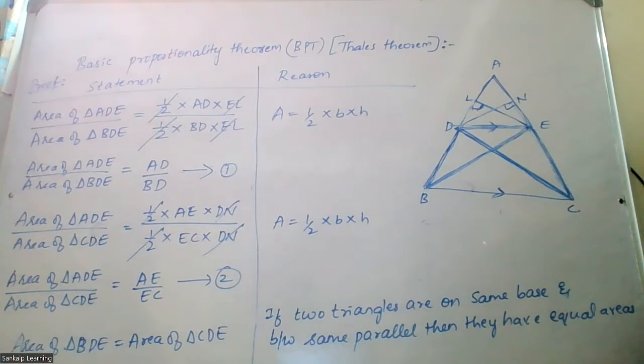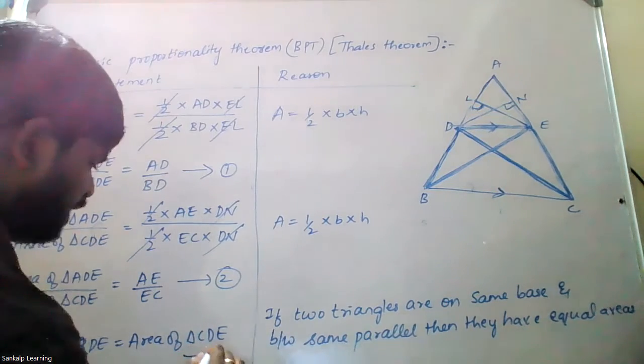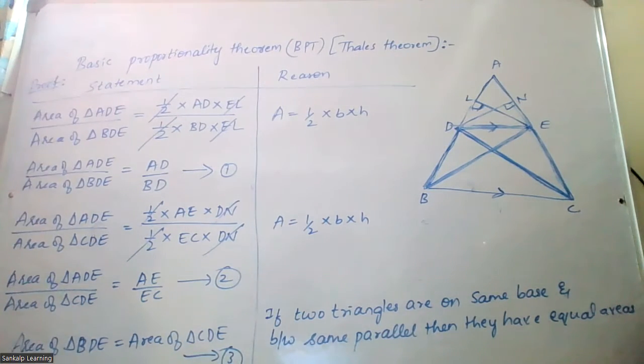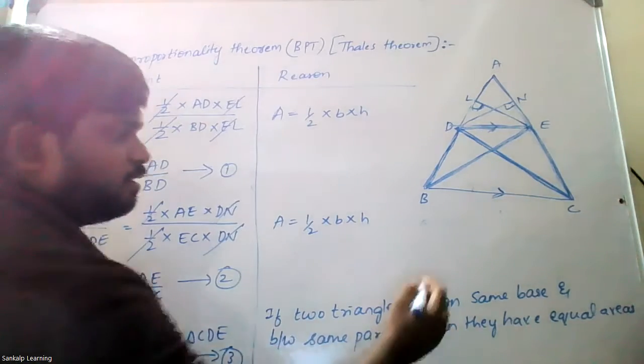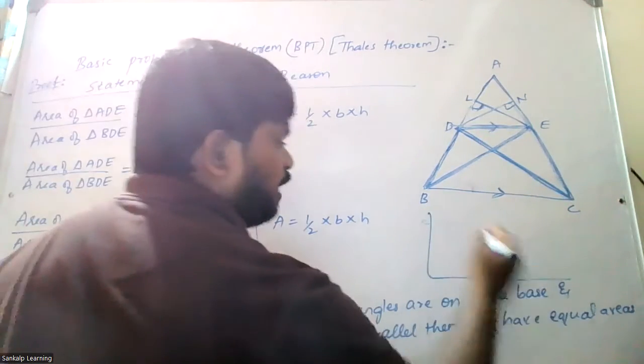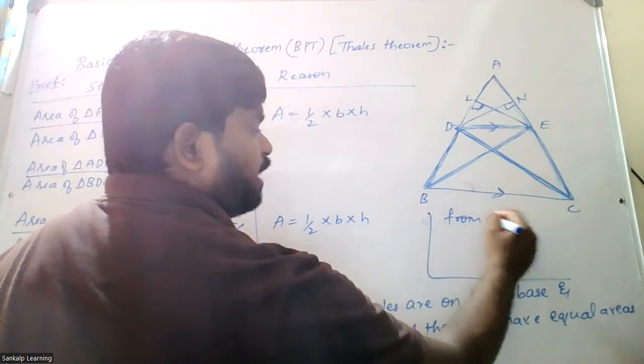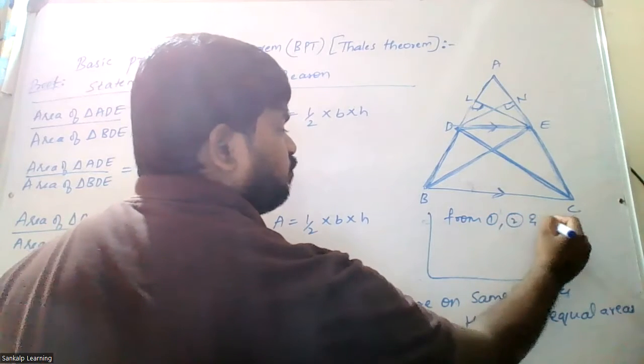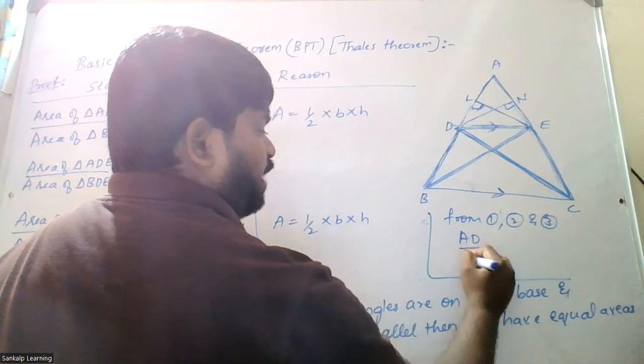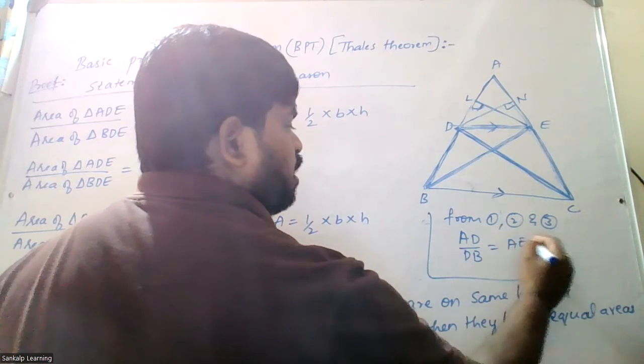So that is the reason that we got area of triangle BDE is equal to area of triangle CDE. Let me take it as equation 3. Therefore, from 1, 2, and 3, let me write it here at the end, since I don't have space. We can tell that AD by DB is equal to AE by EC.